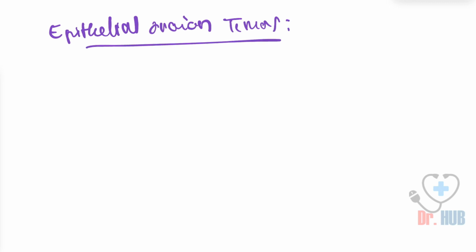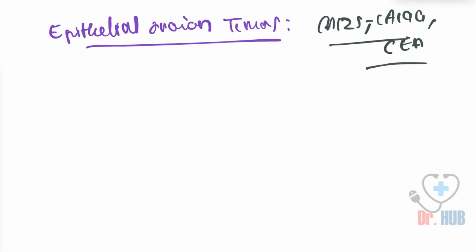To begin with, we look at the epithelial ovarian tumors. In case of the epithelial ovarian tumors, the markers include the CA125, the CA199, as well as the CEA. So what is the pathognomonic finding?